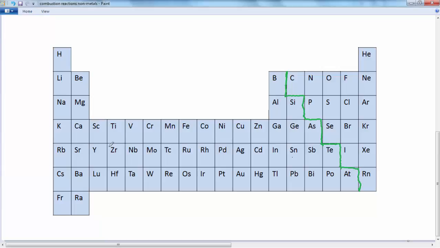So as a general rule, we can say that if we take a metal such as sodium or calcium or magnesium or copper, etc., and we burn that metal in oxygen, we will get a metal oxide, and then if we dissolve that metal oxide in water, that will form an alkaline solution.